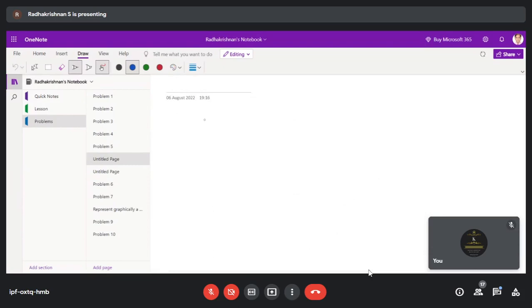That will be root 85. This is your magnitude, so this is your scalar component.